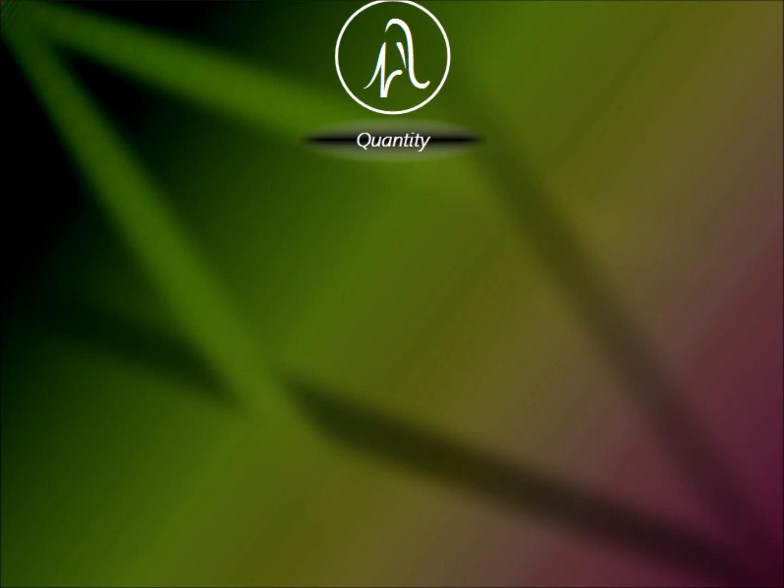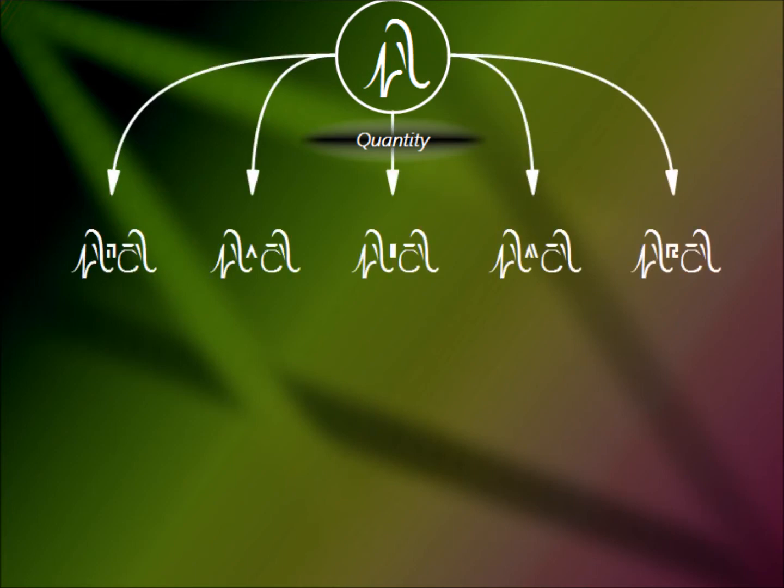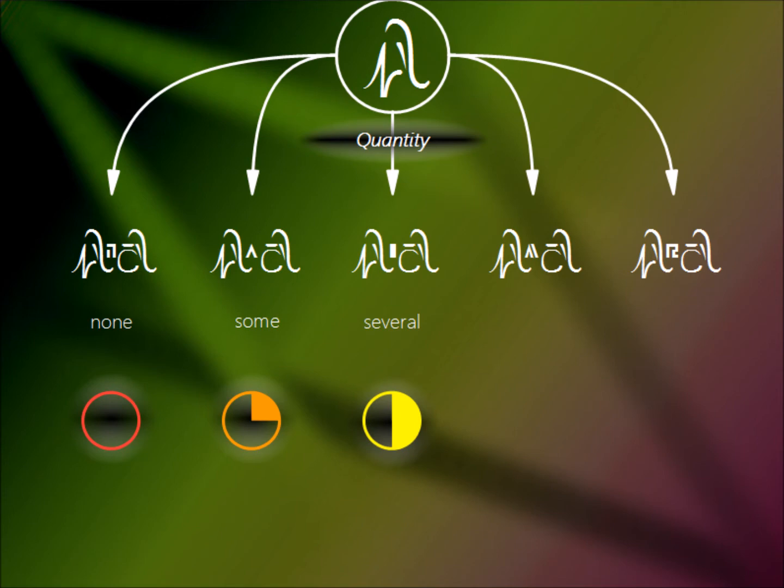So, we can also add qualifiers to the root word ka, quantity, to talk about certain imprecise amounts where we can't put an exact number on. Combining the root ka to the qualifiers, we get ka'ara, none, ka'aira, some or a few, ka'era, several, ka'ira, many or a lot, and ka'ora, all.